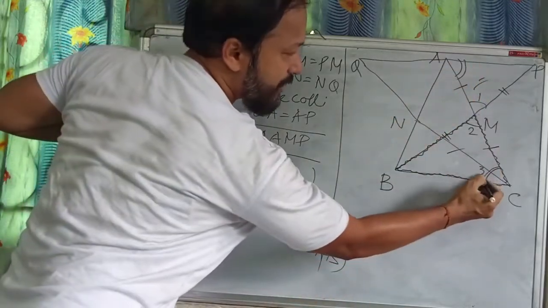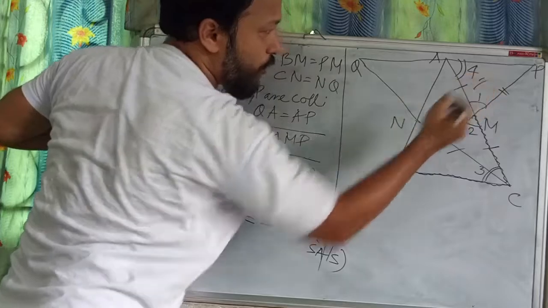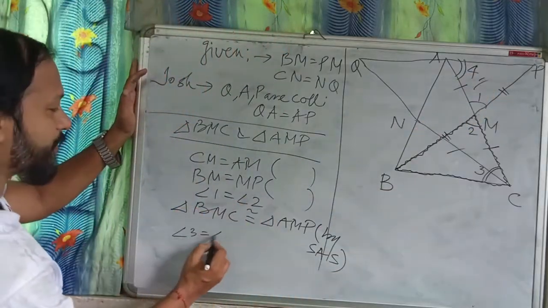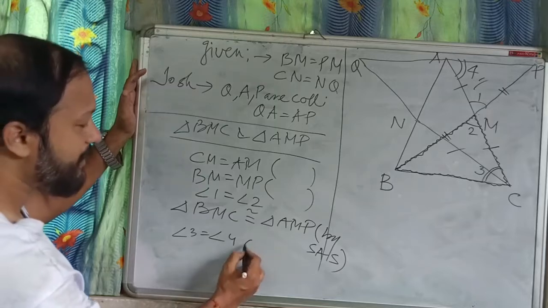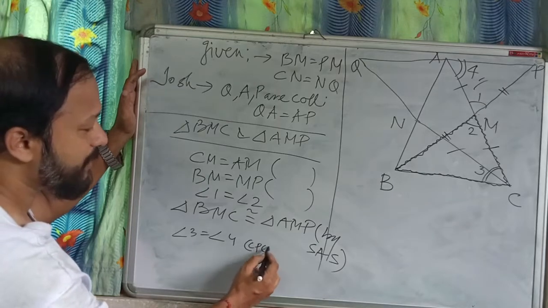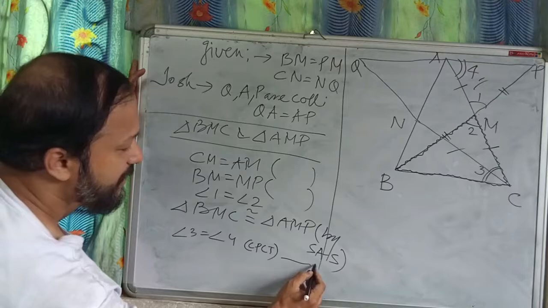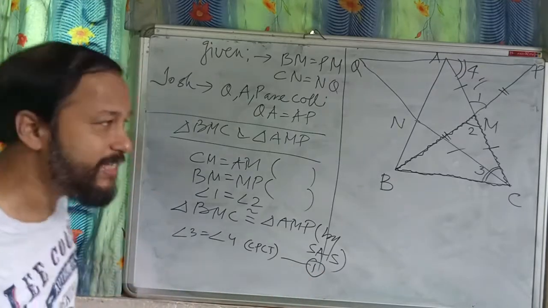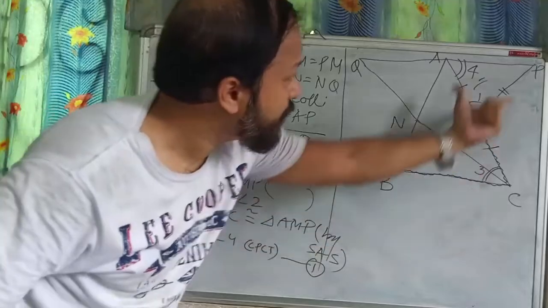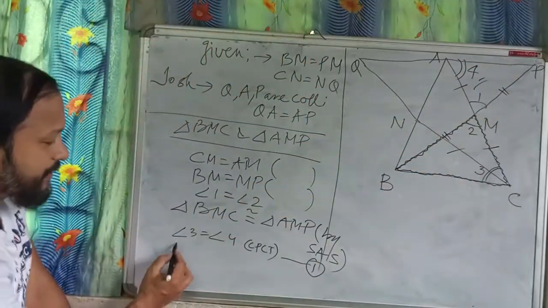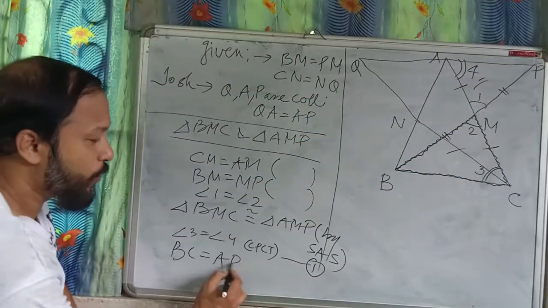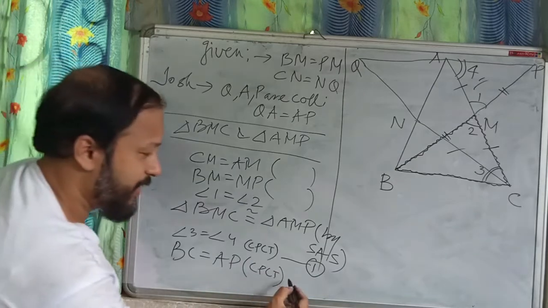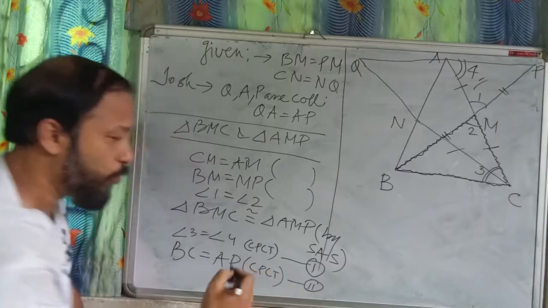Say angle 3 equal to angle 4. That is CPCT. This is equation number 1. And also we can say that BC equal to AP, again CPCT. That is equation number 2.